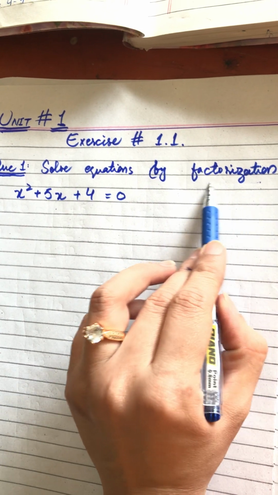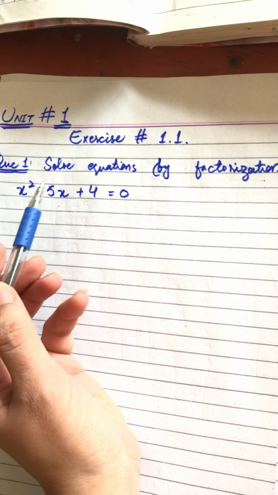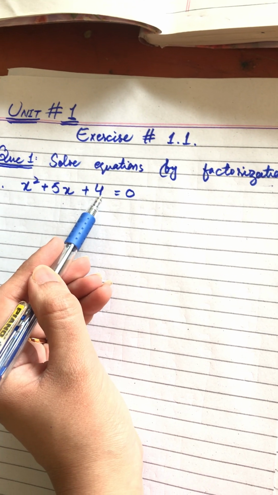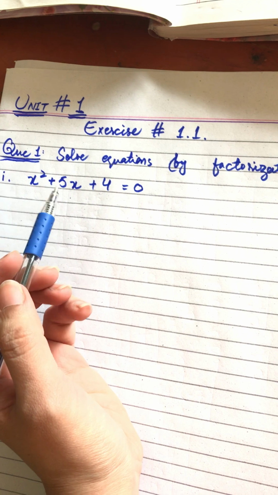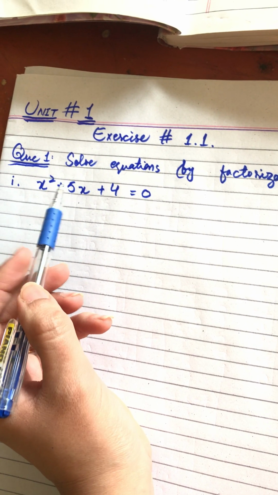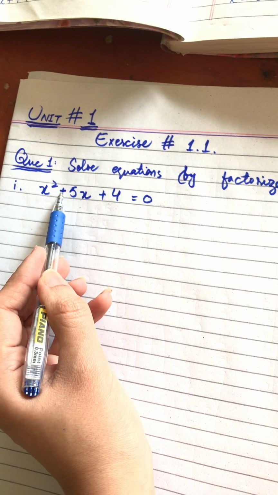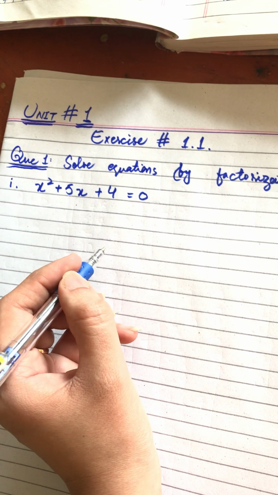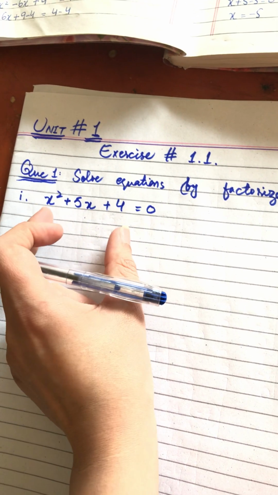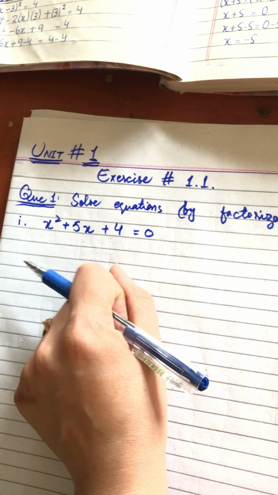So what is factorization? Factorization is basically when we write an algebraic expression as a product of two or more algebraic expressions. We will make the factors of this expression.